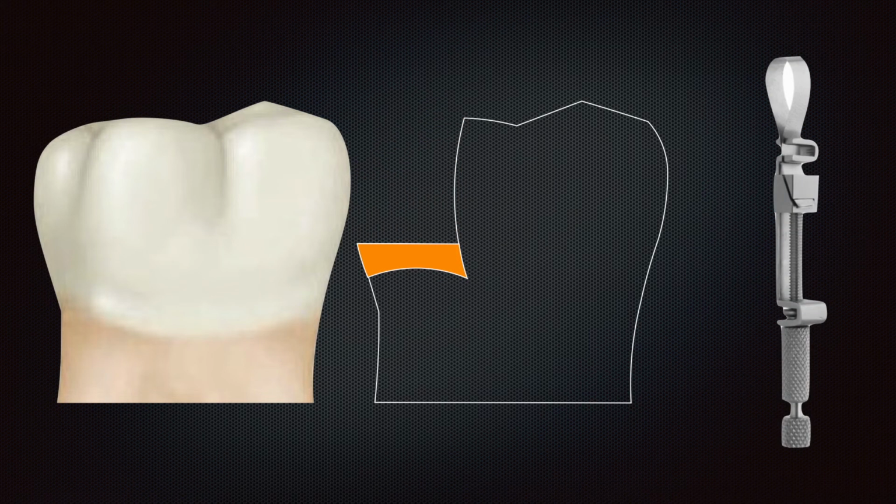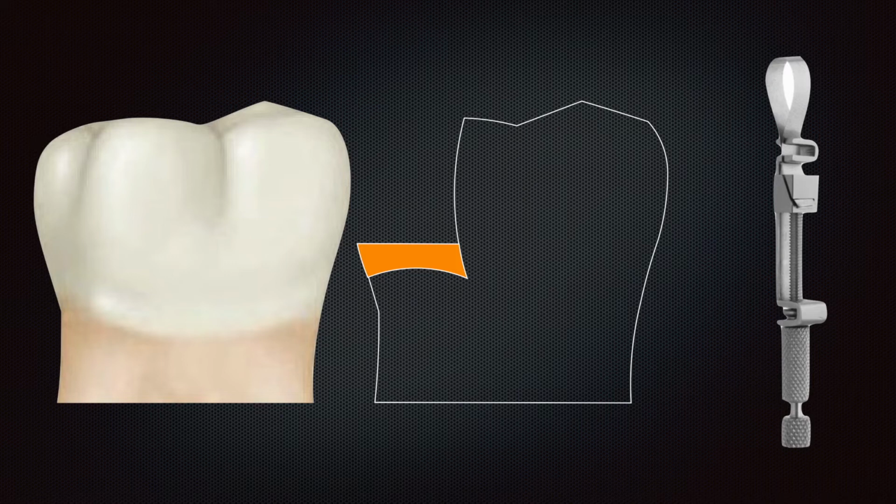Now there are a few situations where the cavity is far more subgingival, and whenever I try to use my sectional matrix, it does not get completely adapted to the cervical part of the tooth.